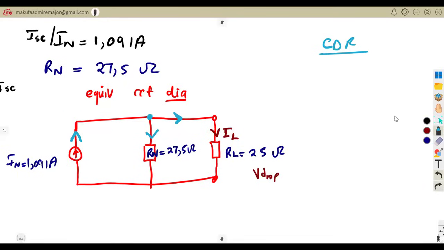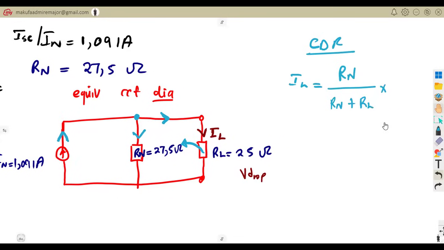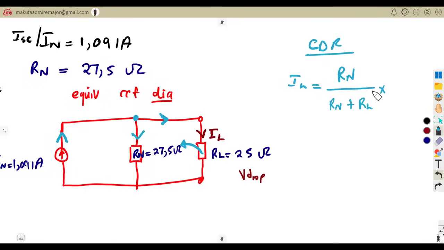So just like what we had previously, IL is going to be calculated using the current divider rule. You use the opposite resistor on top, Rn. So the formula is Rn over the sum of the resistors, Rn plus RL, times the total current supplied to these two resistors. And our total current supplied is called what? IN, our Norton's current. So that is going to give us the load current.